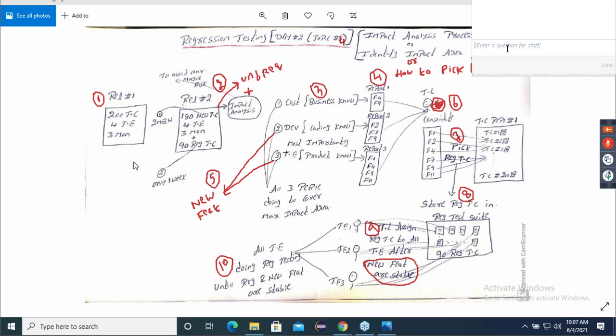Second point: in the first release, there is no concept of regression testing or impact analysis because all the features are new. Next point.